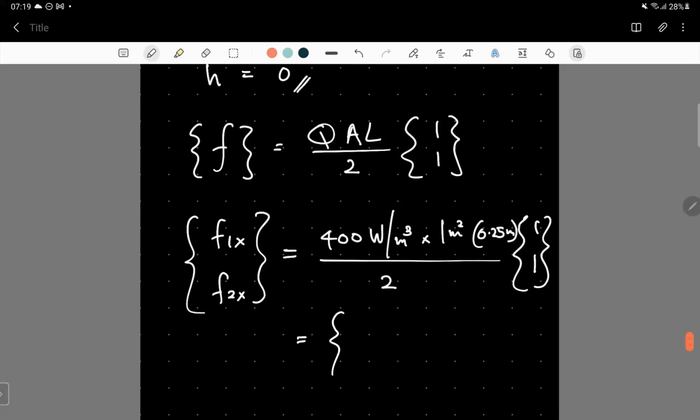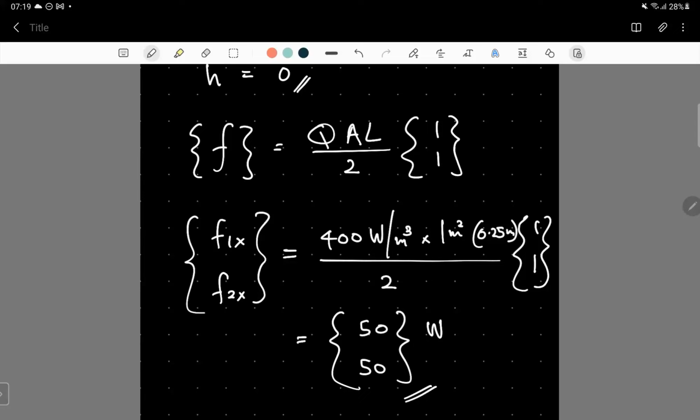We would get the answer as 50 watts as the force element. And of course, the force matrices for all the other elements have the same values or same element formulation as given here.